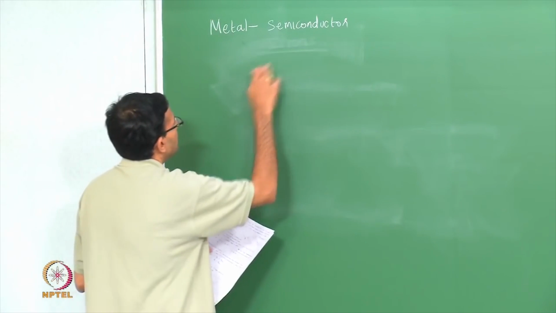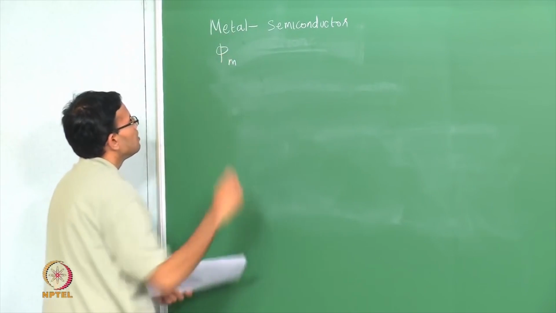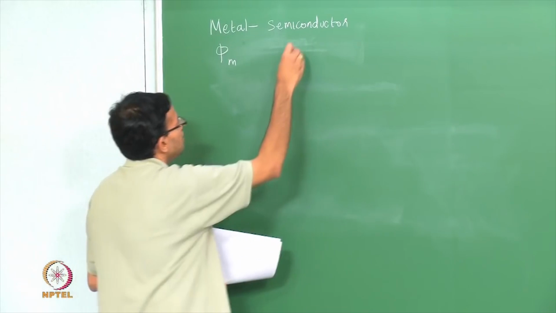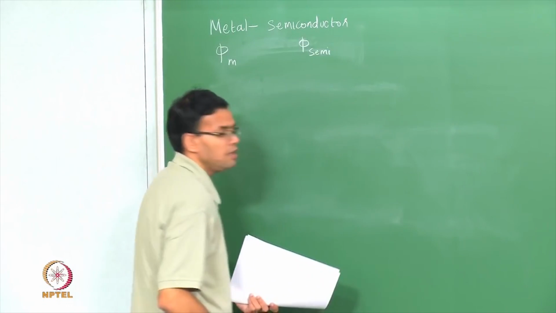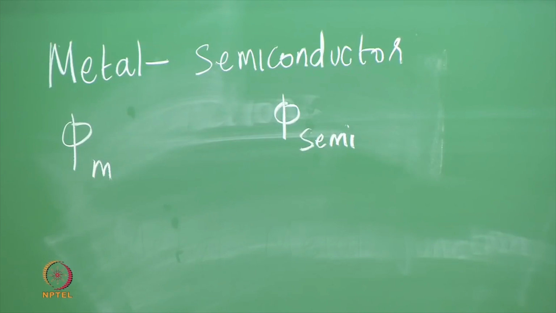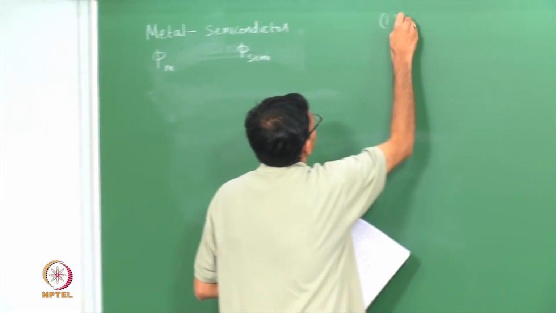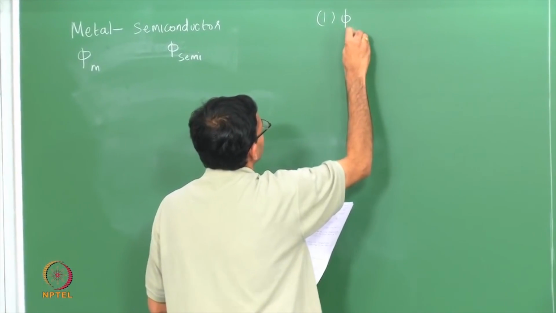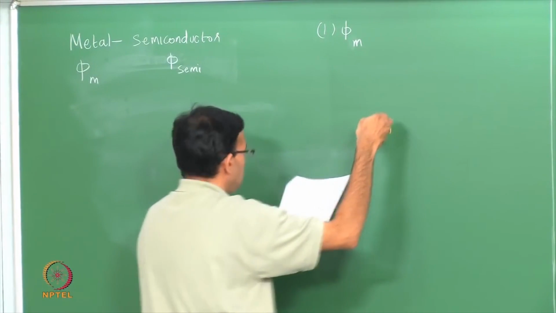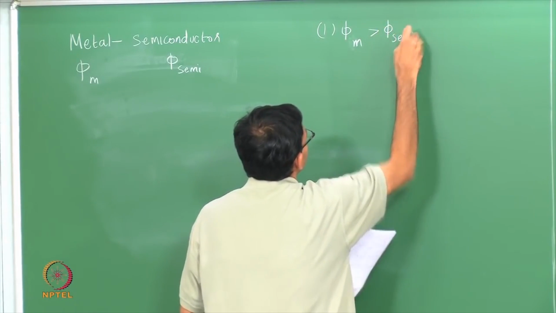In the case of a metal and a semiconductor, let phi m be the work function of the metal and phi semi be the work function of the semiconductor. There are two options possible. One, you have phi m greater than phi semi.